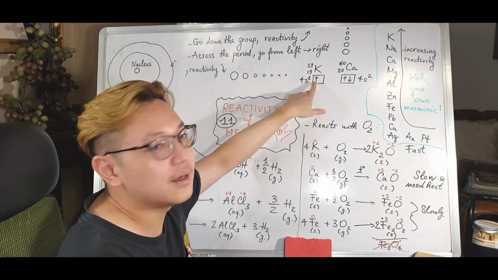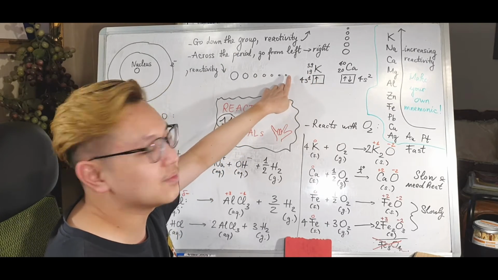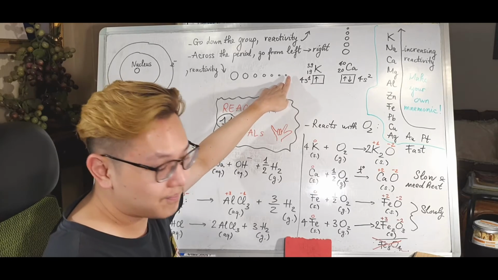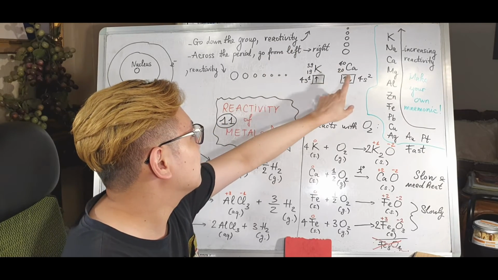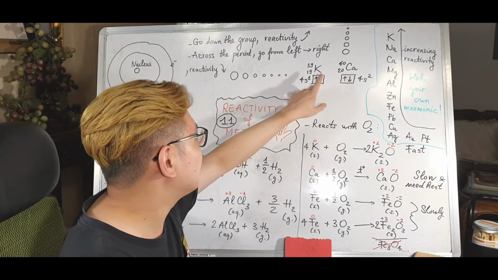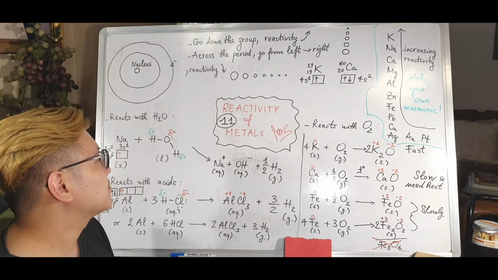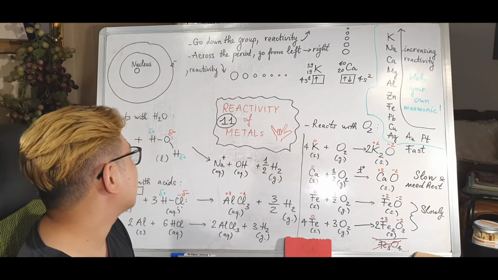This one is alone, it's easy to give up this electron, and it goes back to the noble gas configuration, right? So for group 2, it's more difficult compared to group 1 in terms of reactivity with water because of that.